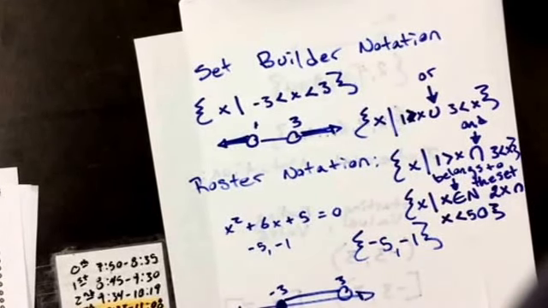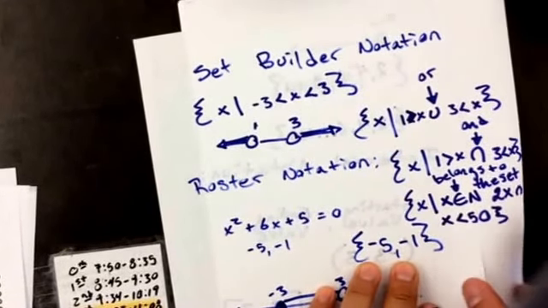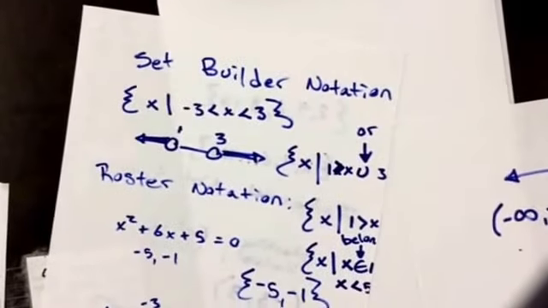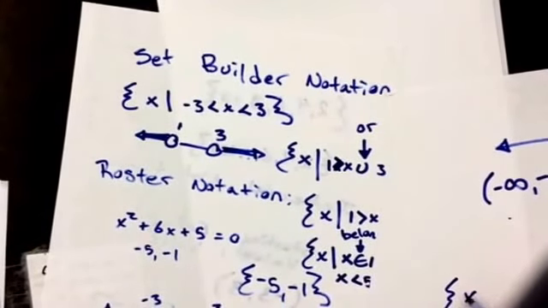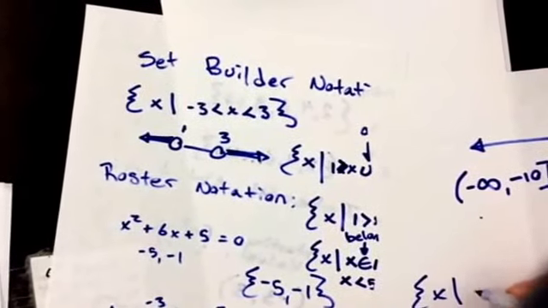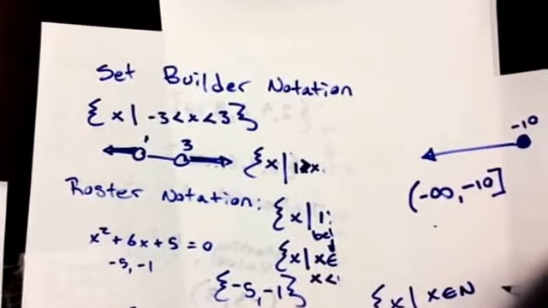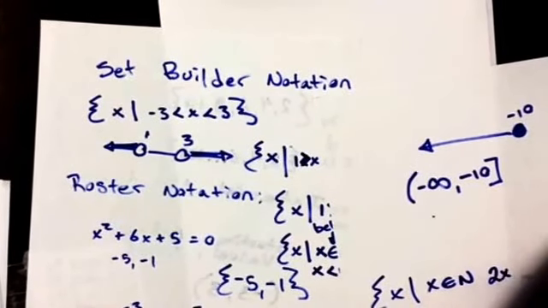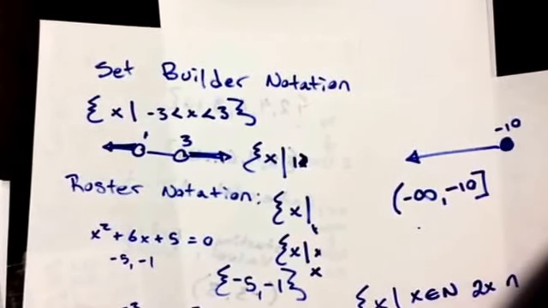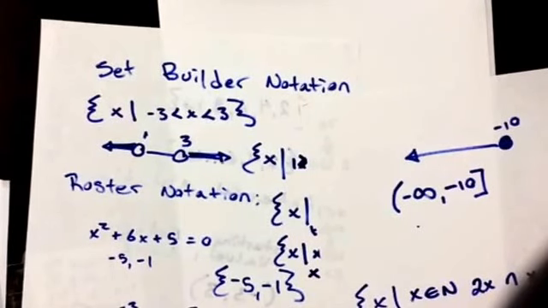Okay, so I'm going to rewrite that one just because I had to go 2 lines, and I want to make it real clear what I'm doing here. So x belongs to the rule that x belongs to the set of natural numbers where 2x and x is less than or equal to 50.